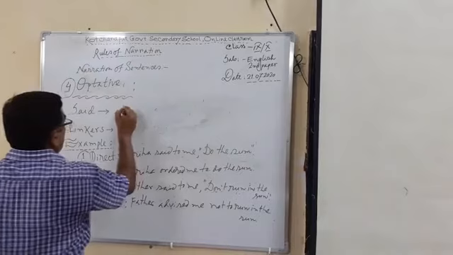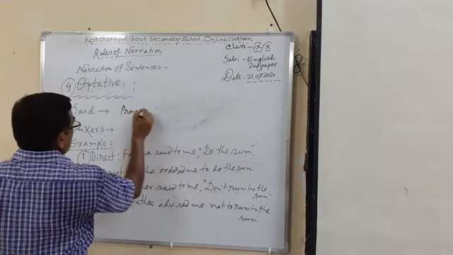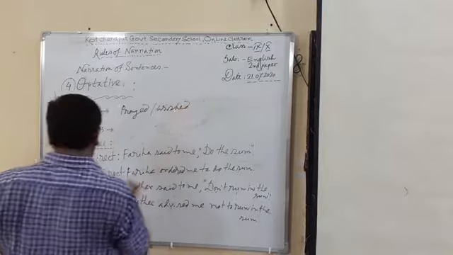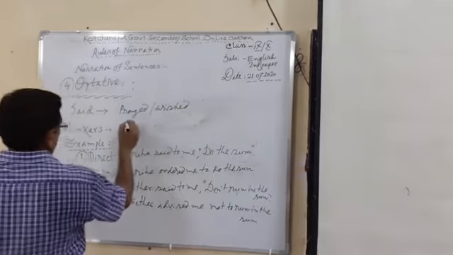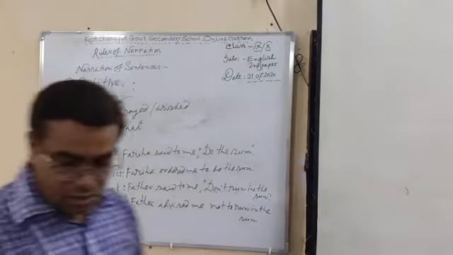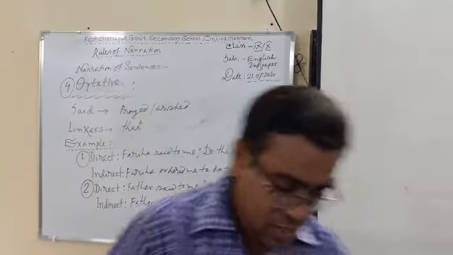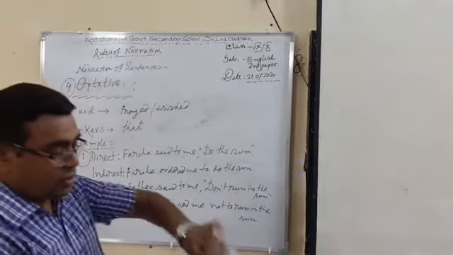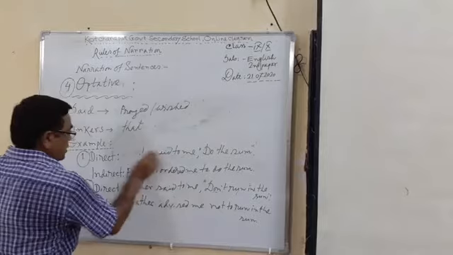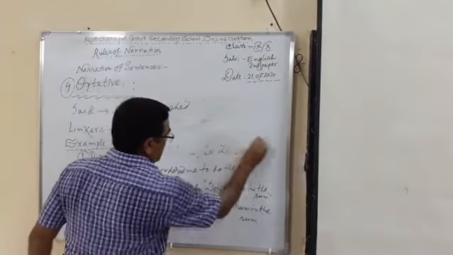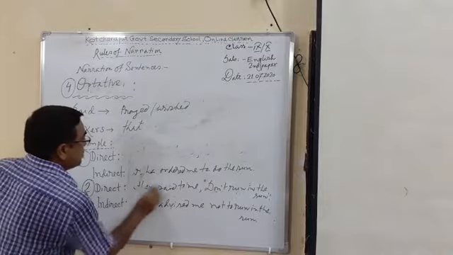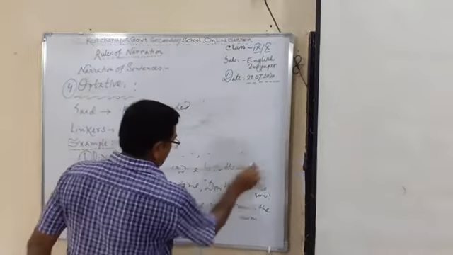We have to use prayed or wished instead of said, and the linker only that. Okay. And when we sense an optative sentence, I will give you an example.